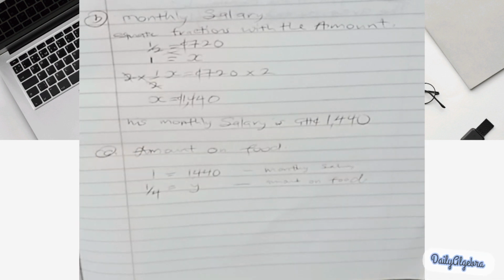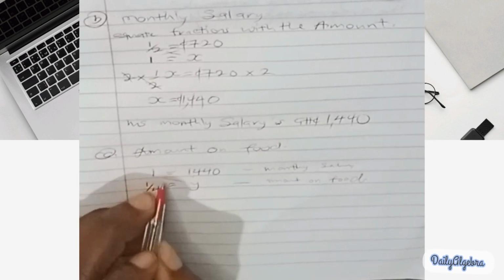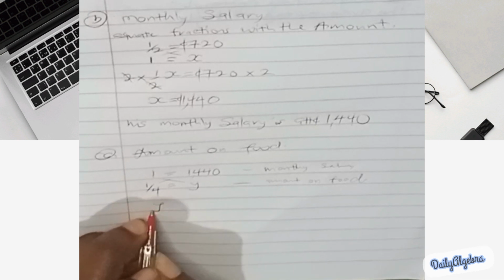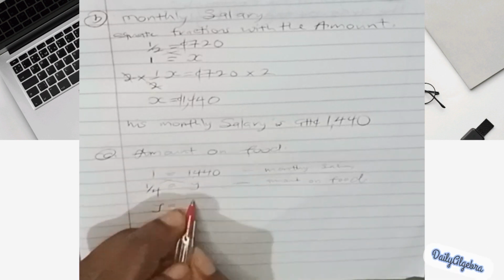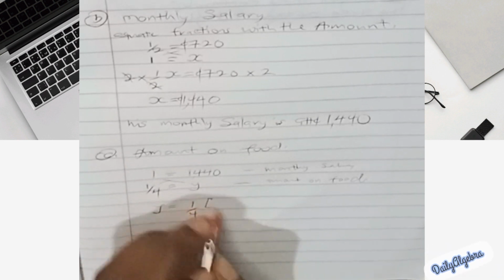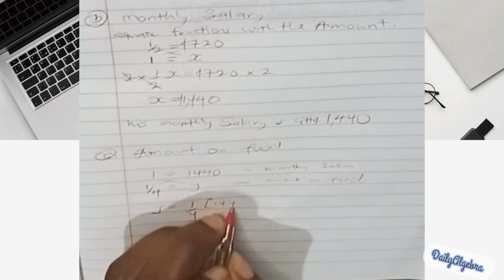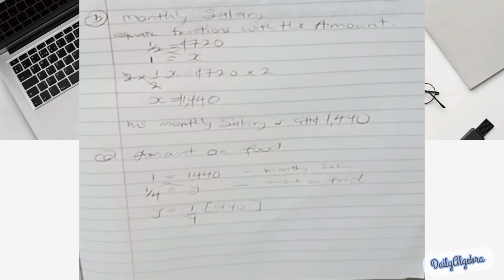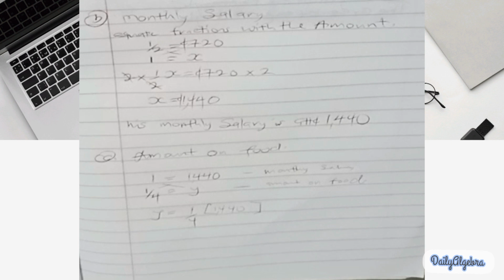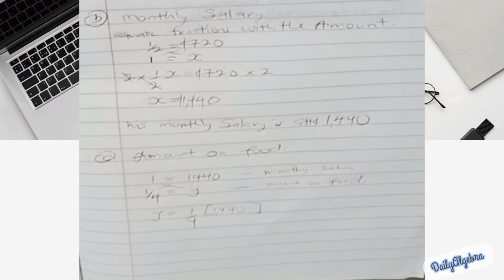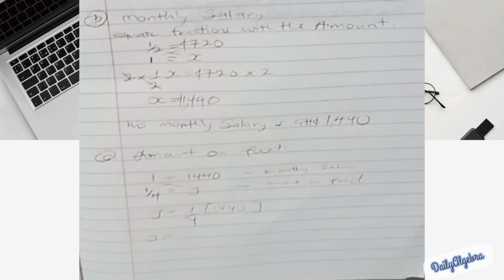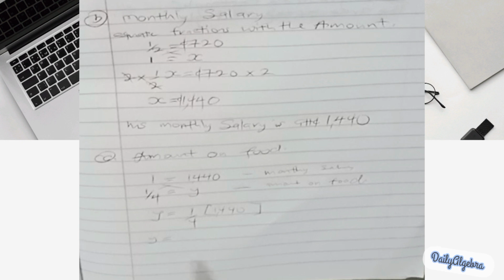By cross multiplying, you have y to be 1/4 of 1,440. So our y will be 1/4 of 1,440. 4 goes into 14 3 times.